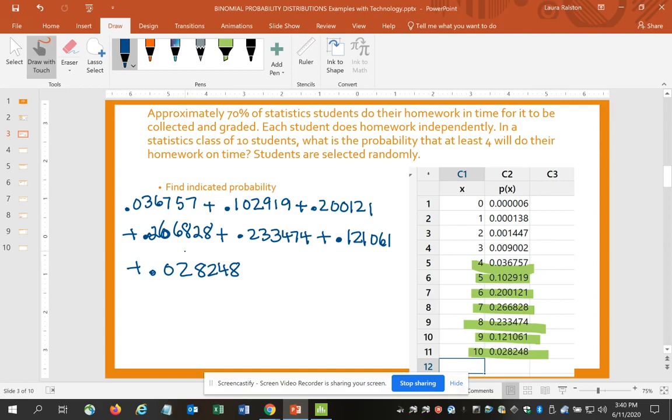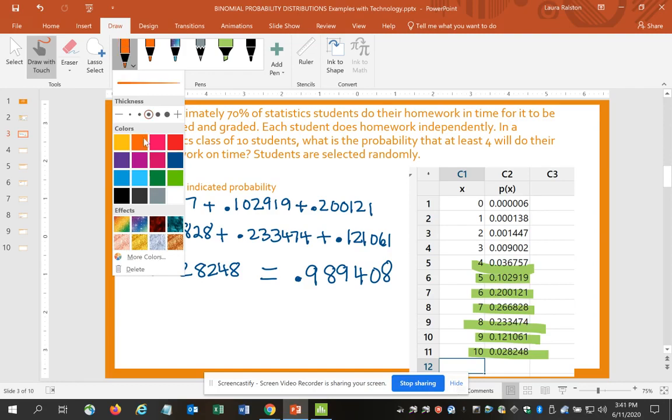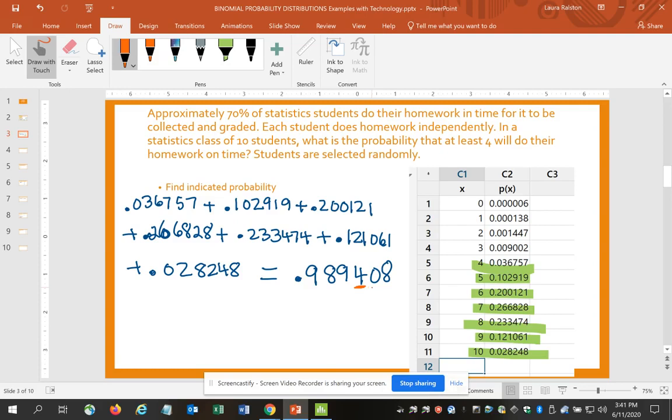Okay, so when I get all of those added together, this totals 0.989408. And you're typically asked to round to 4 decimal places. So notice that the number 4 is in the 4th place. Next door is the 0, so it stays the same. So my answer is 0.9894.